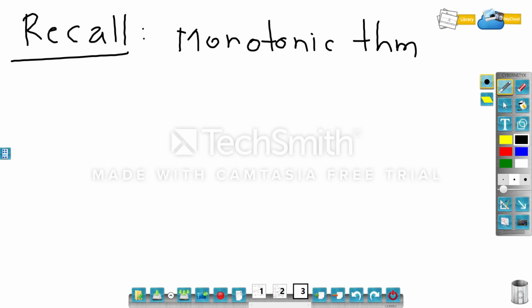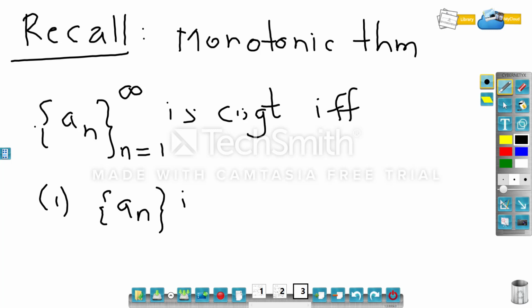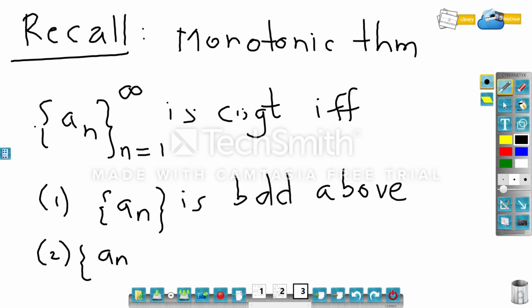The series an, n goes from 1 to infinity, is convergent if and only if first, the series an is bounded above, and second, the series an is monotonic increasing.